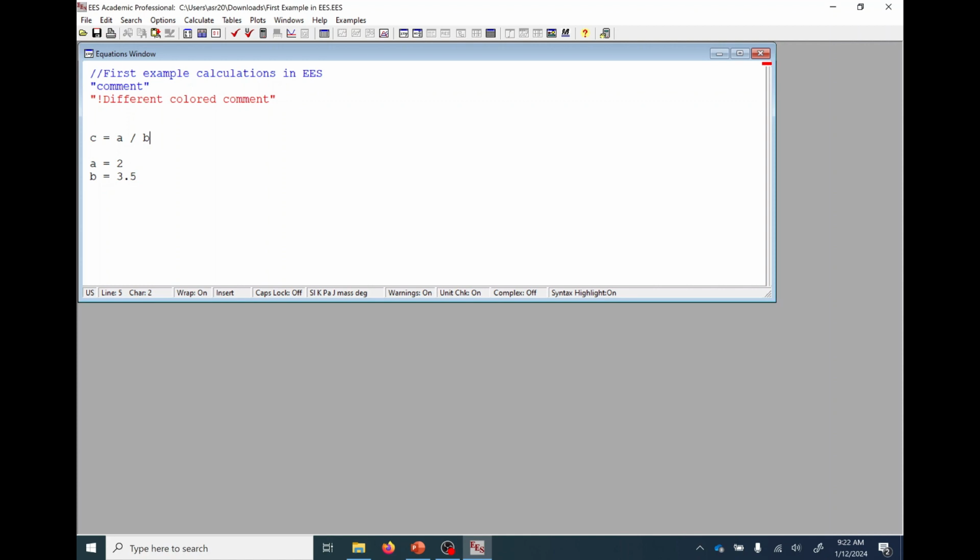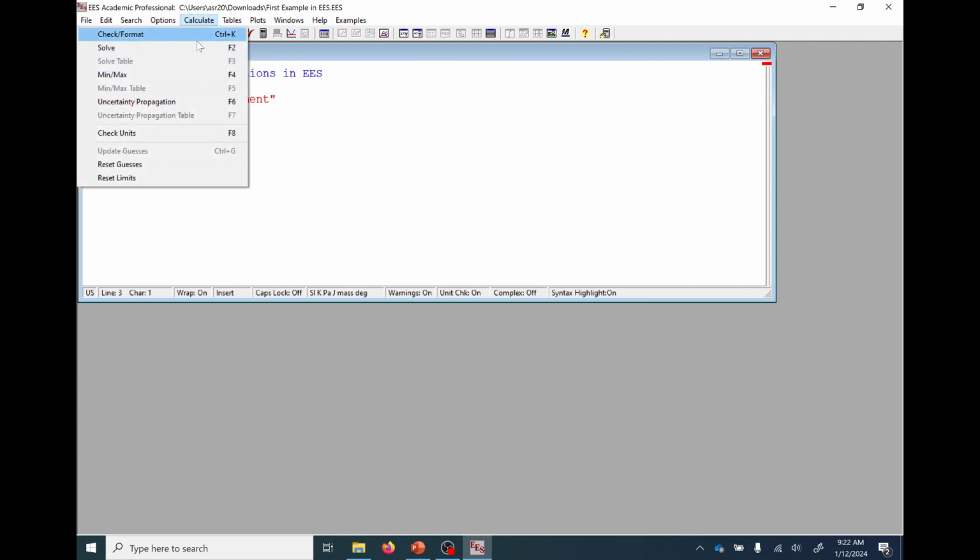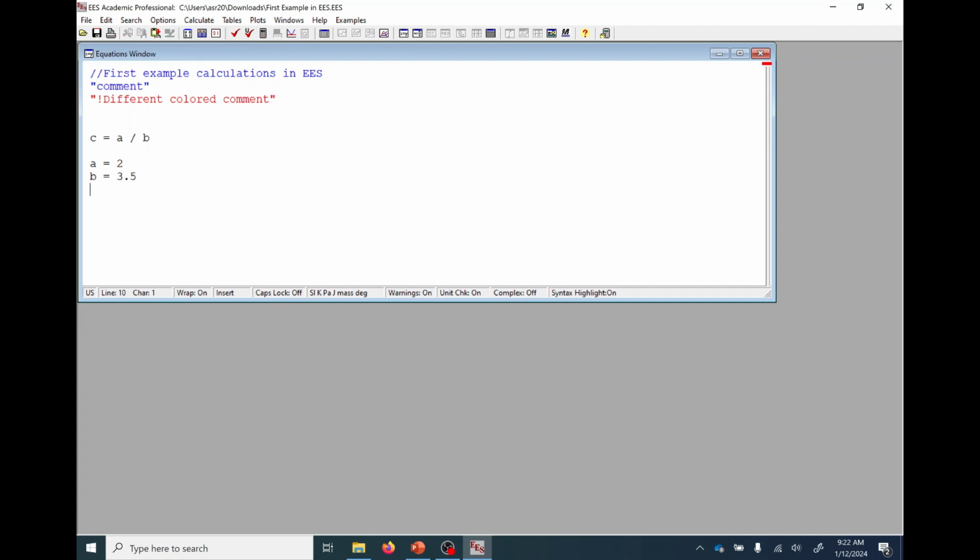In other words, I can't change the value of a variable in the course of a program, using it as one quantity at the top and then changing it to something else at the bottom. It can only have one value that it's going to try to converge to that applies throughout all the equations that I'm writing here. So now I can run this, and EES is essentially, let's see here.